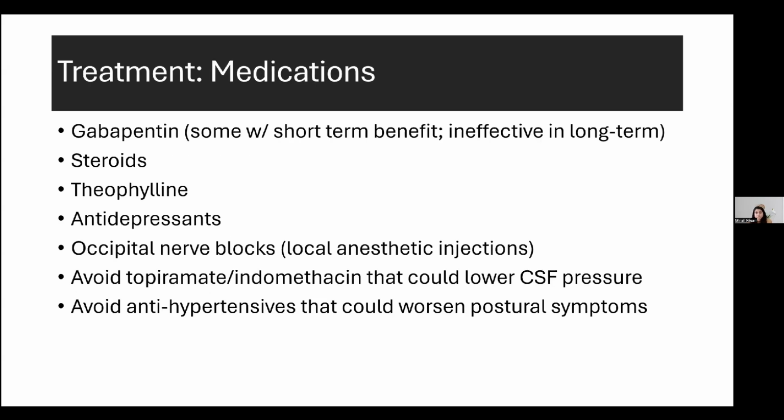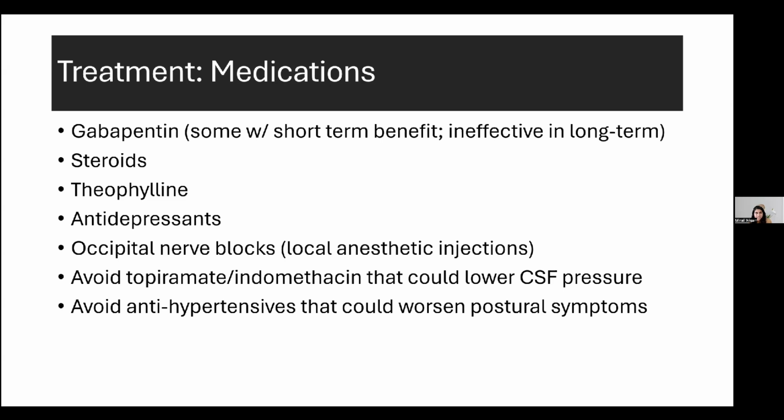Briefly, I'll mention just some medications before talking about the epidural blood patch, which I'm sure many of you have heard about before. But in terms of medications, there's really not good evidence for any of these options. For some patients, it can help partially relieve the pain. A lot of the ones mentioned here are specifically for the post-dural puncture headaches.